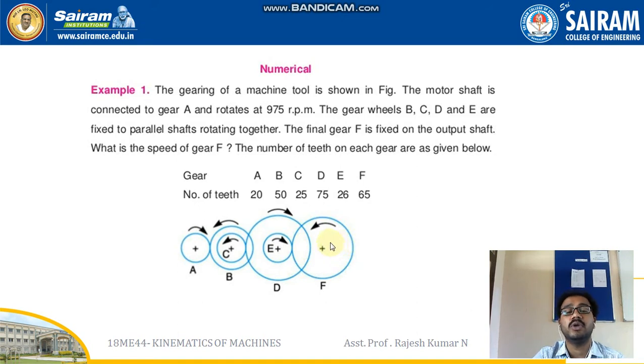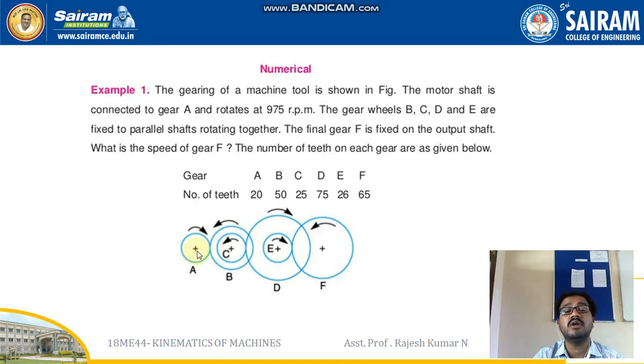So first we should know how to write the speed ratio for a compound gear train. We have to consider the first gear and the last gear, and according to the directions we can write it. So what is the formula?